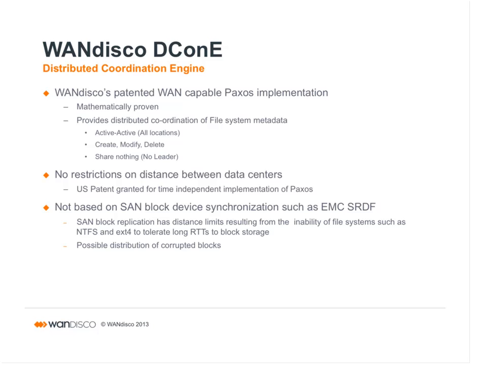The reason is that they replicate at the block level, and file systems such as ext4 and FAT or NTFS don't really know of the replication, so they're not able to adjust accordingly. So we are the only solution that can work across continents, across data centers distributed around the world.